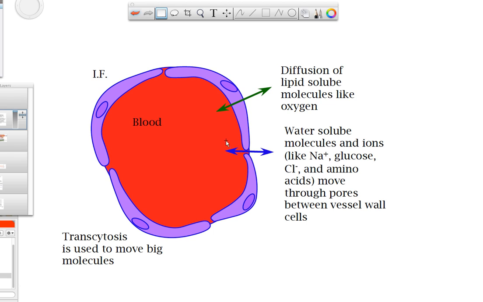Now there's some complicated extracellular matrix structure there, but the key is that they are pores through which liquid can flow, and that liquid can allow a little bit of diffusion, but also a little bit of bulk flow through these pores so that materials can enter or exit the blood. Now, big things, proteins, for instance, must be moved by transcytosis, endocytosis into the cell, exocytosis from the cell.